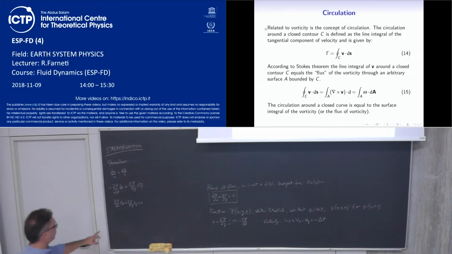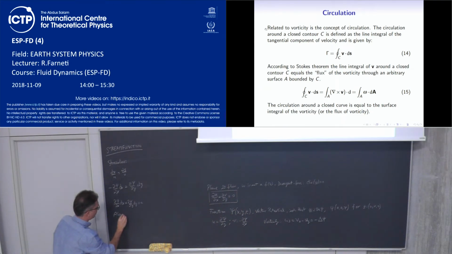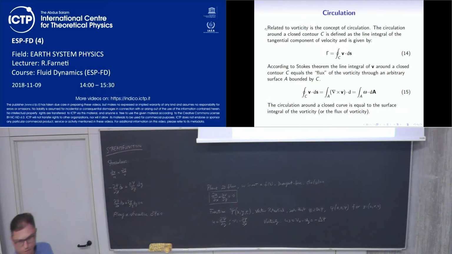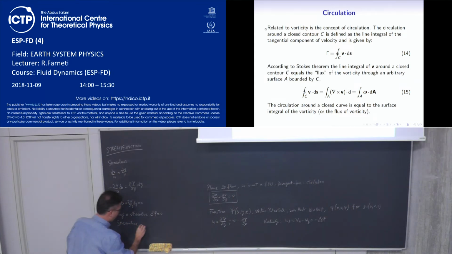Okay? So this means that along a streamline, psi is equal to 0. So the stream function is defining your streamline. Equivalently, you can say that a streamline is psi equal constant.